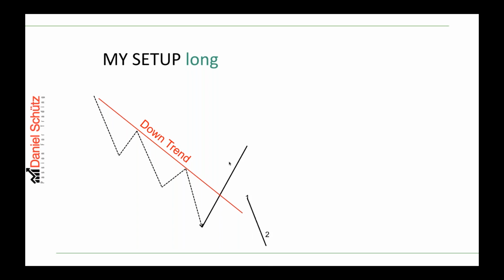Then if this happens, I wait for wave 2 and see if I can count it as an A, B, C. That would be wave 2.